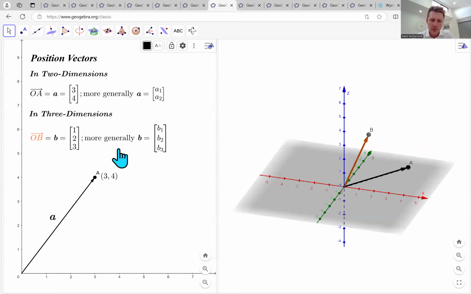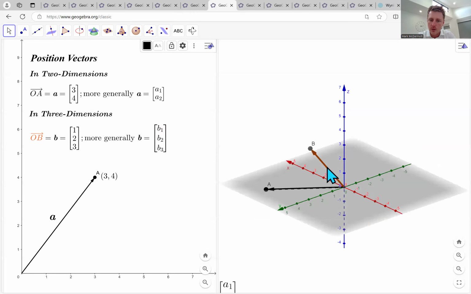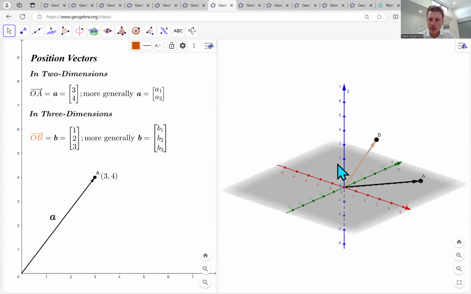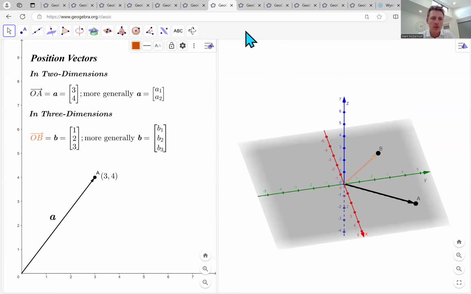More generally, for any point in space with x coordinate B1, y coordinate B2, z coordinate B3, your vector is equal to this column vector. That's the vector B, which we've got in orange. So that's what a position vector is: you're pointing out where its position is in space relative to the origin using a vector.